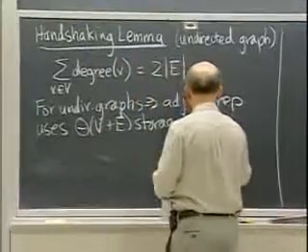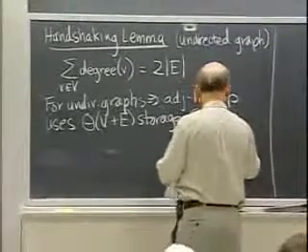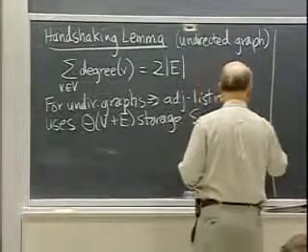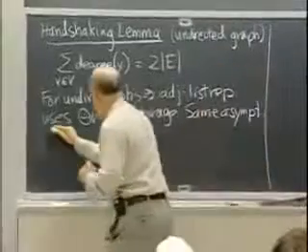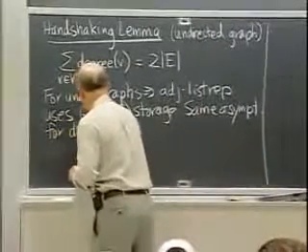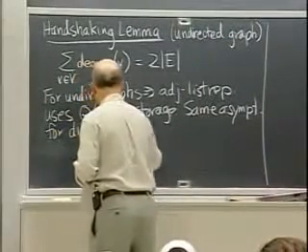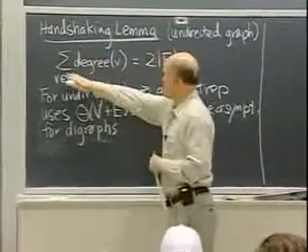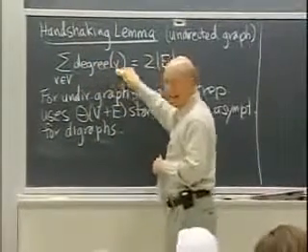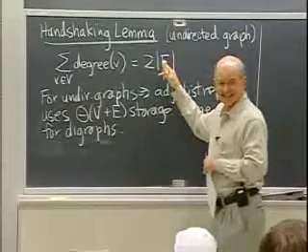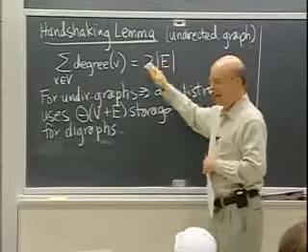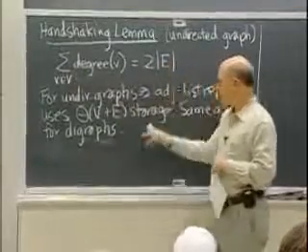And it's basically the same thing asymptotically. In fact, it's easier to see in some sense for digraphs. Because for digraphs, what I do is I just add up the out degrees, and that's equal to e. Okay? If I add up the out degrees, it's equal to e.